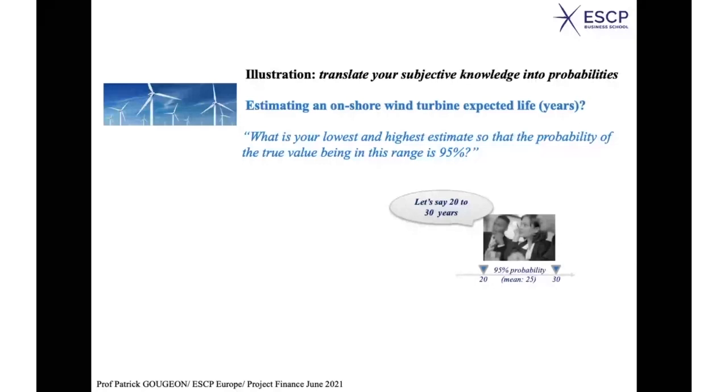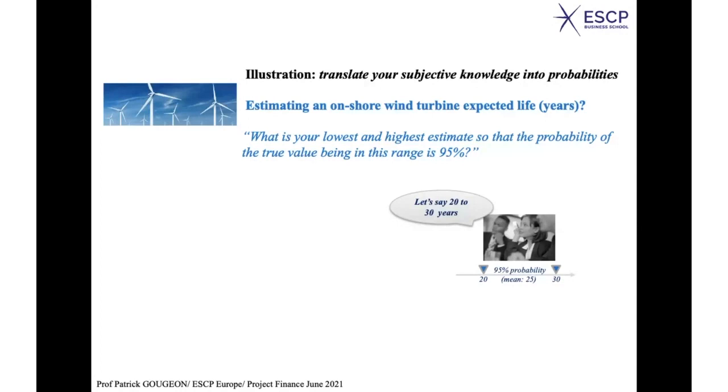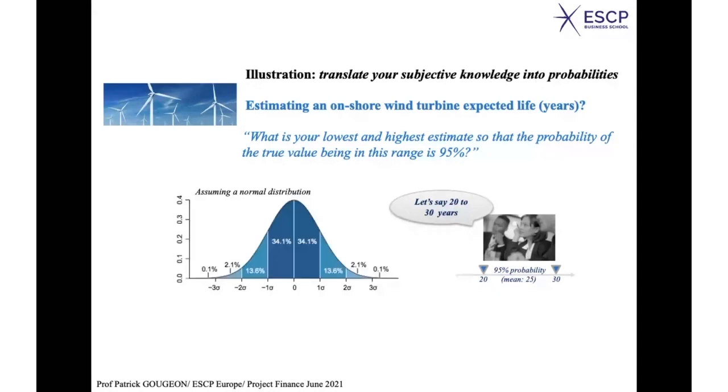So now, again, I will ask you to remember the properties of a normal distribution, which you have studied with Chan, okay? So you see, this is the famous bell curve. Why are we going to use it? Because it's very convenient here, as you see.